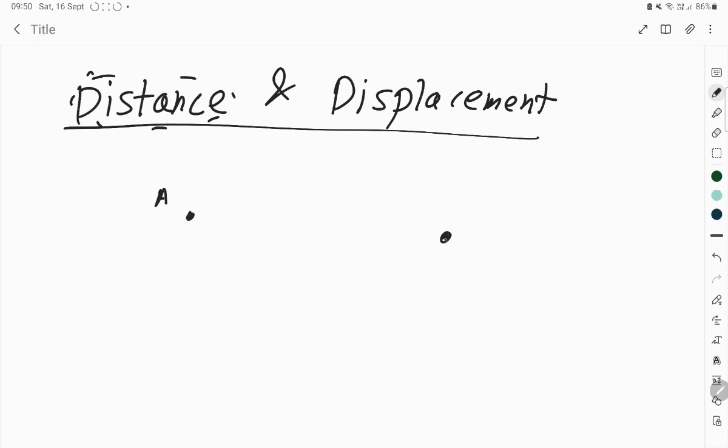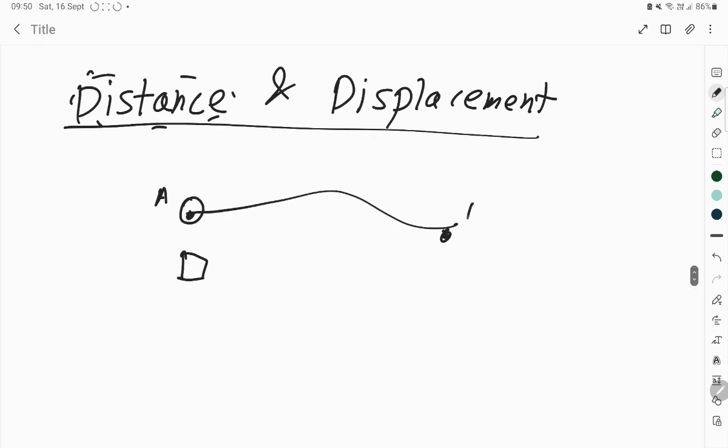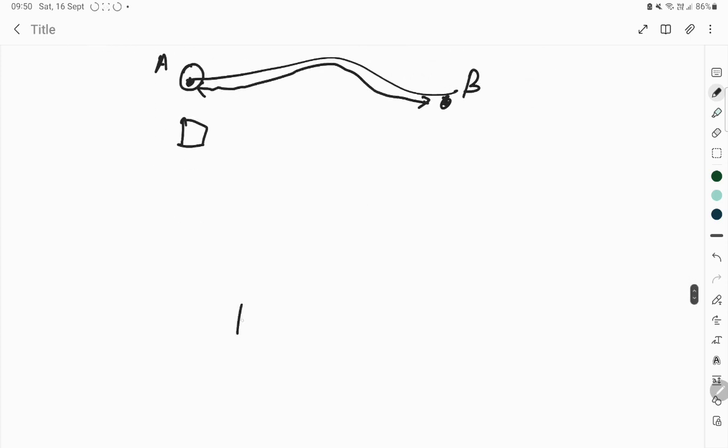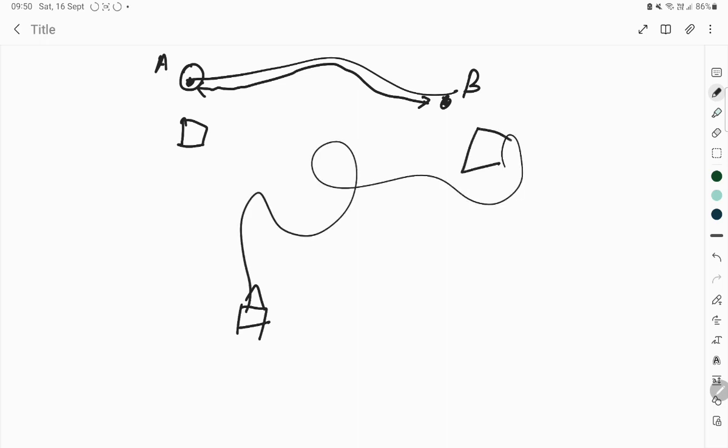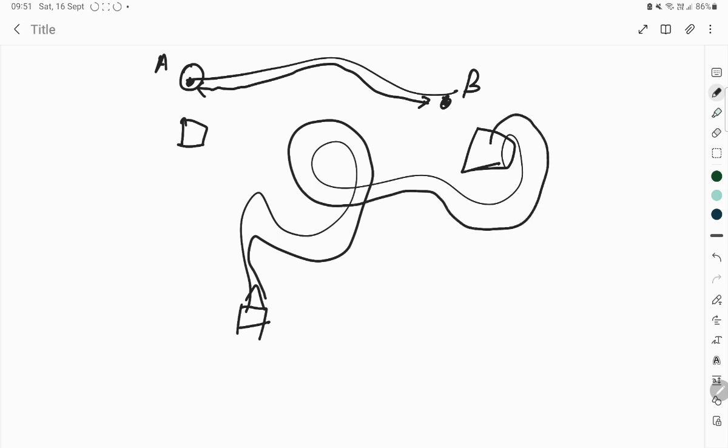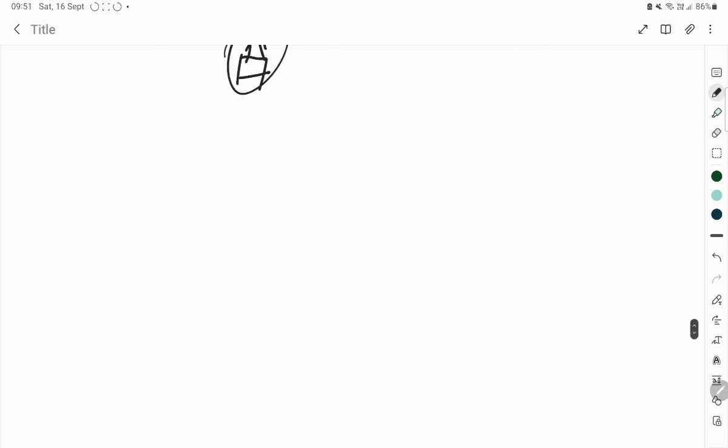So if an object was at point A and then traveled to point B, following this very path, then the length of this path is called the distance. For example, you're at your home and then you go like this to your school, then the length of this path is the distance you traveled to go from your house to your school. It's as easy as that.